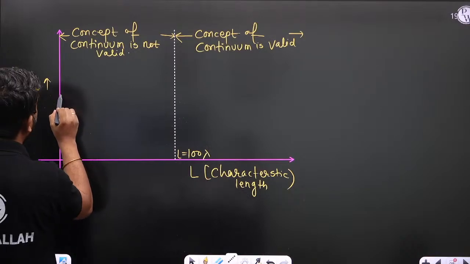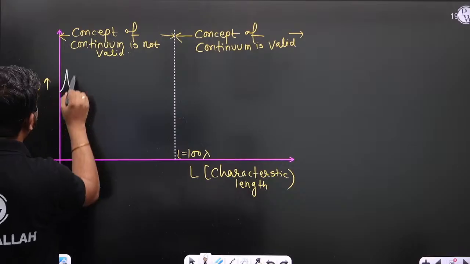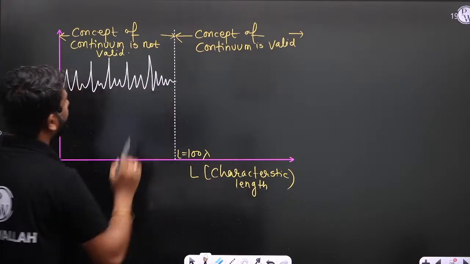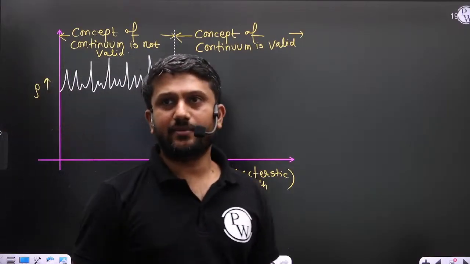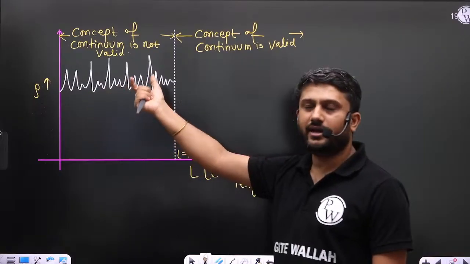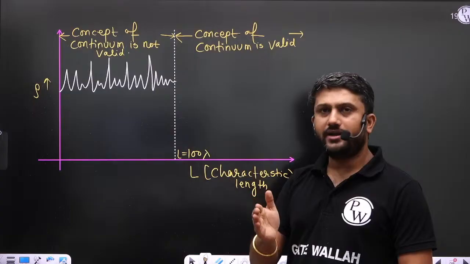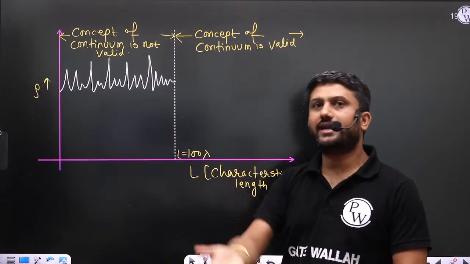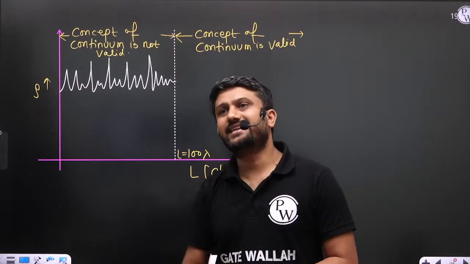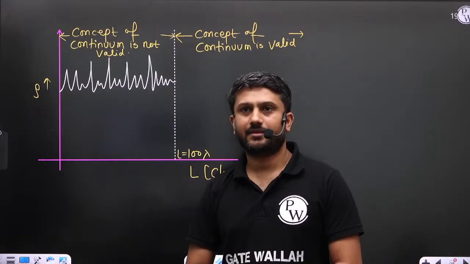Somewhere you are getting density, somewhere you are not getting density. Where molecule is present, you are getting density. Where molecules is not present, you are not getting the density, right?